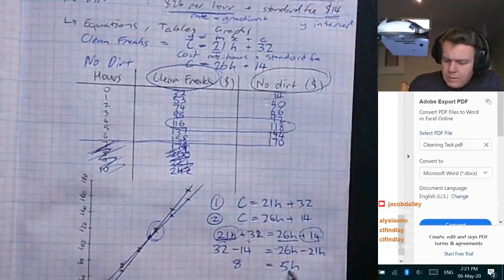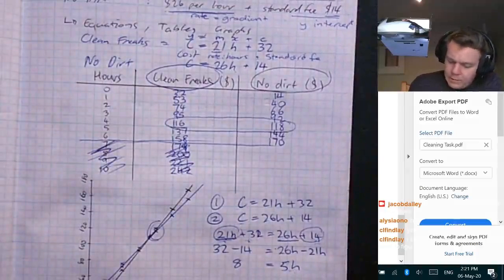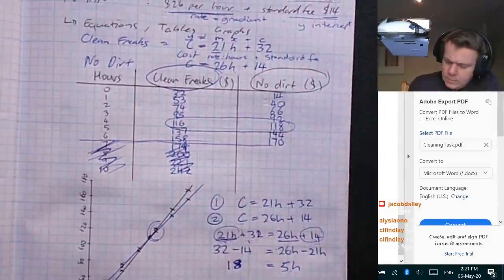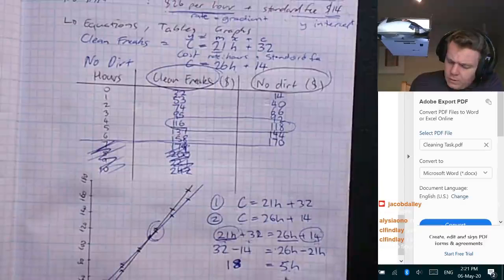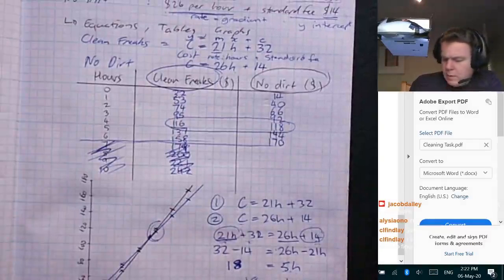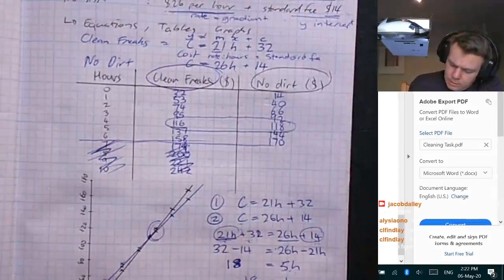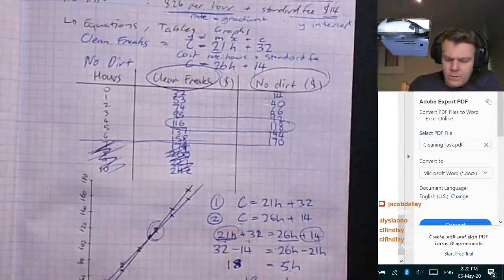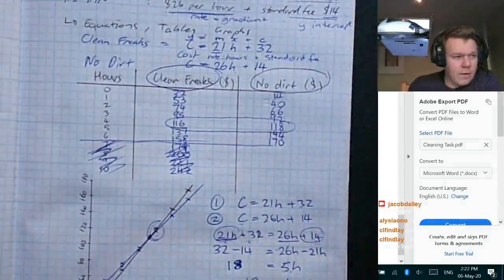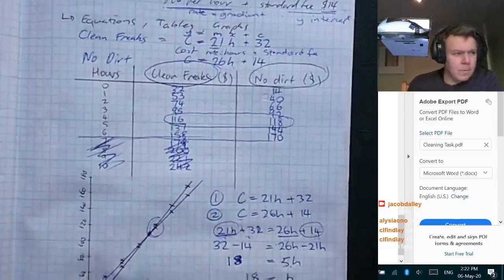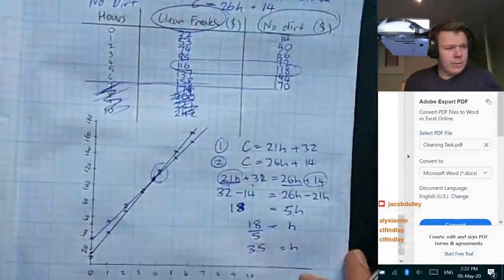So 8 divided by 5. No, wait a minute. What am I doing? 18. So if we divide this 5 over, we get 18 divided by 5, which is going to be 3.5. So it's actually after 3.5 hours that they are equal. Sorry, you can't actually see my working there.